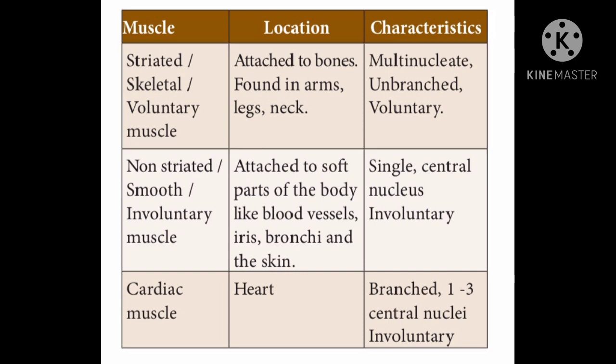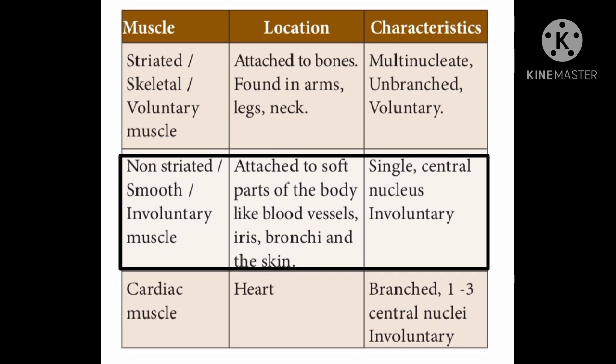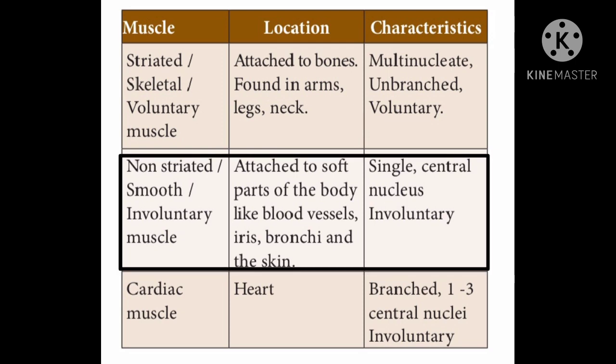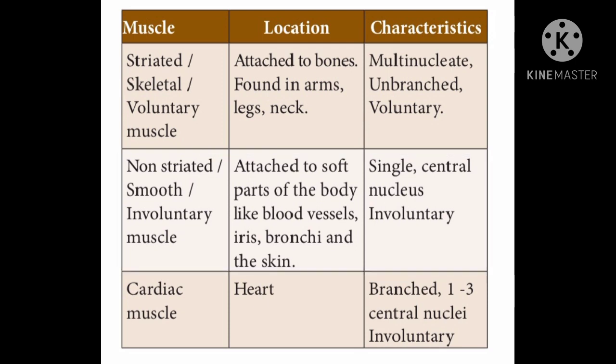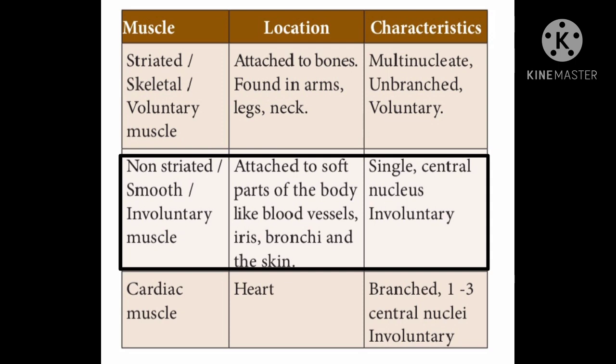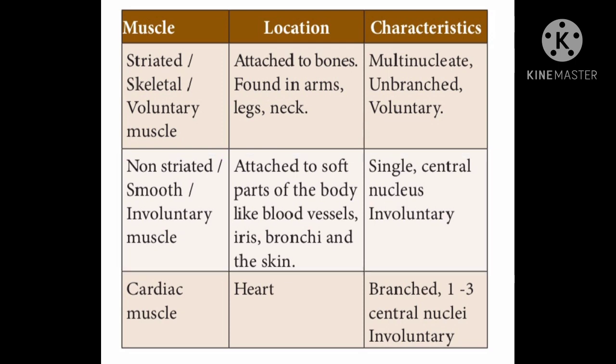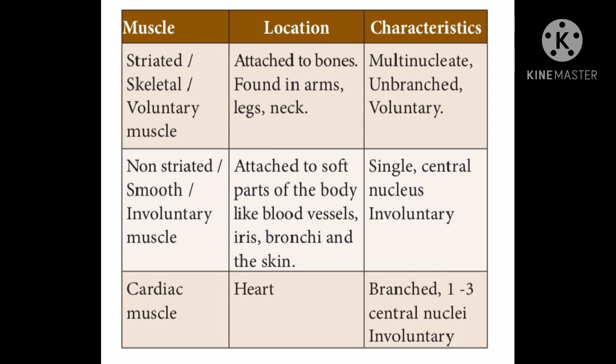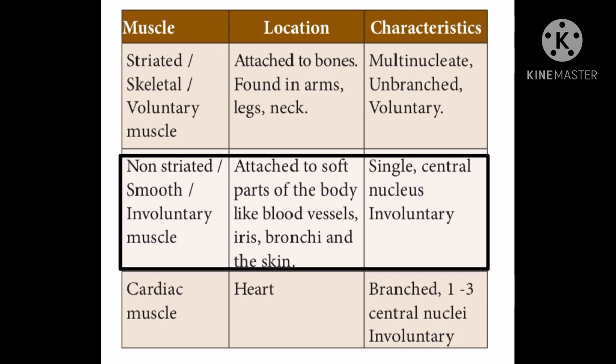There are no branches. Now come to the second one, non-striated or smooth muscle. It is attached to soft parts of the body like blood vessels, iris, bronchi and the skin. All soft parts only, it is present. The character is a single central nucleus and involuntary muscle.